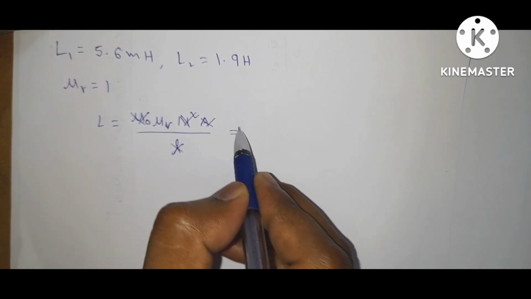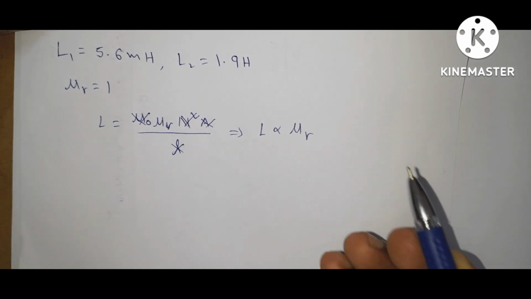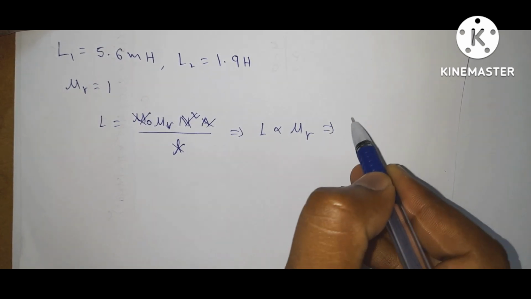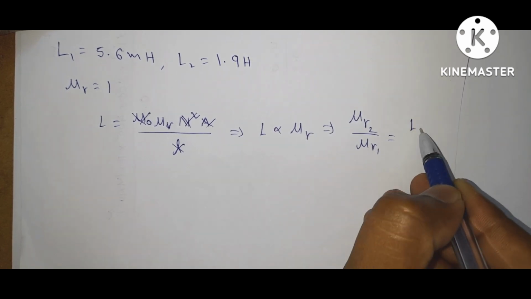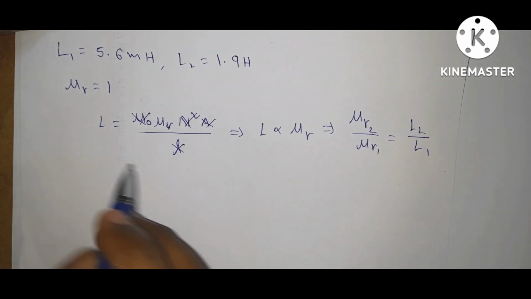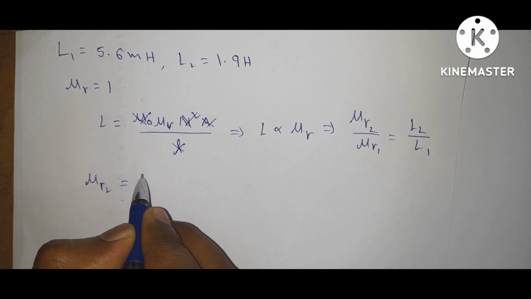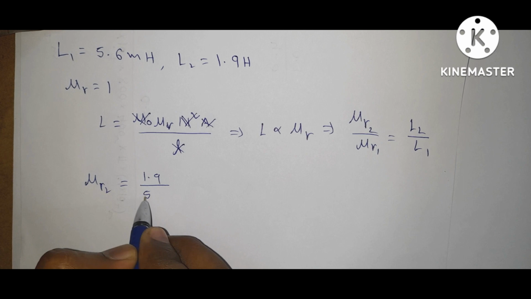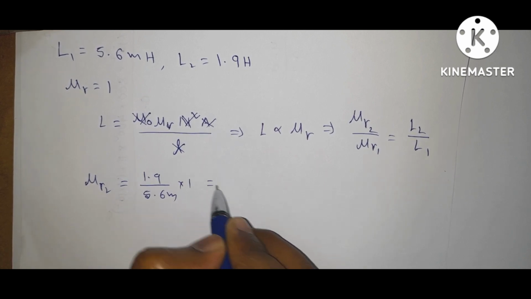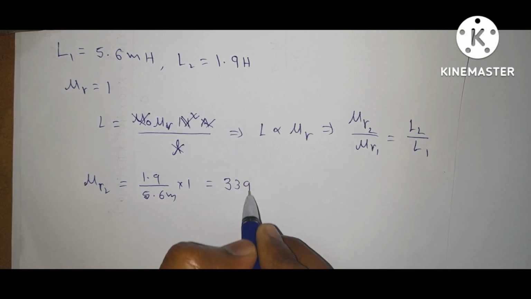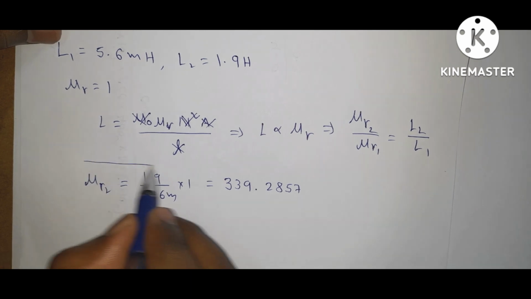So L is directly proportional to mu r. From this, mu r2 by mu r1 is equal to L2 by L1. So mu r2 is 1.9 by 5.6 milli, into 1. You will get 339.2857.